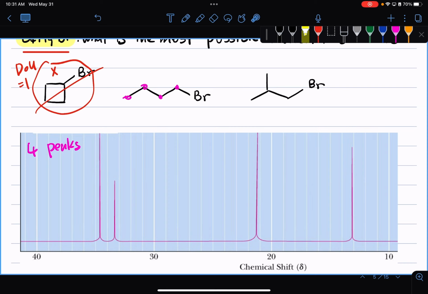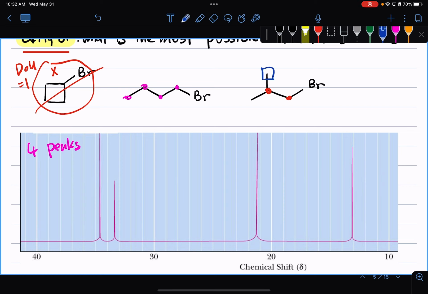Why are we saying some of the carbon atoms in this last molecule are equivalent? Now, if you think about it, this carbon here binds to bromine. It must be different from this middle one.